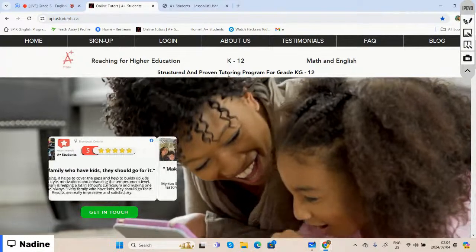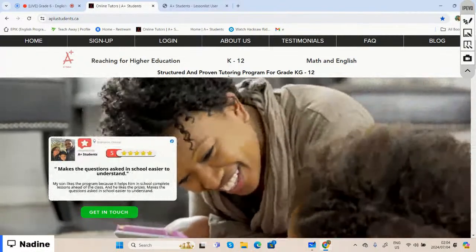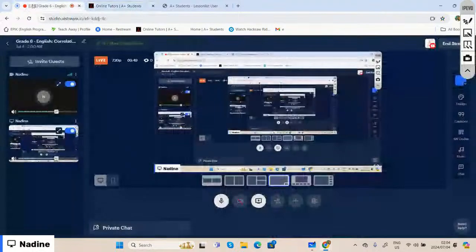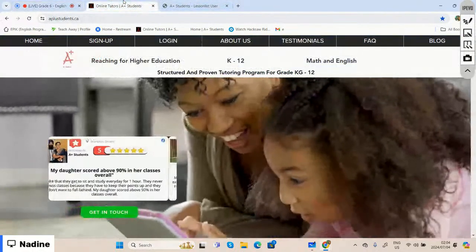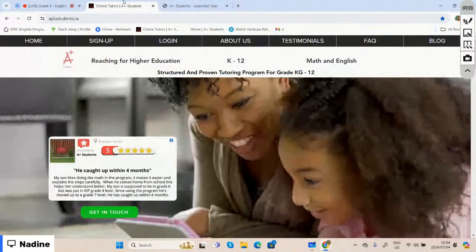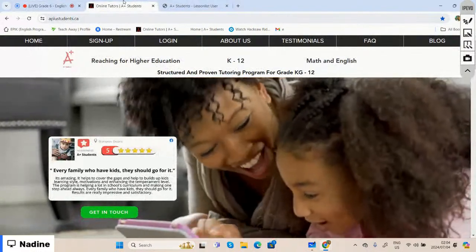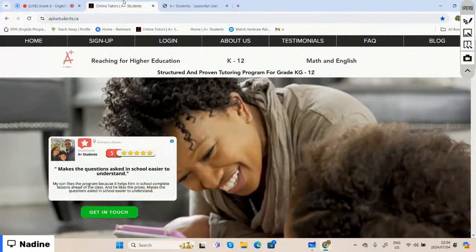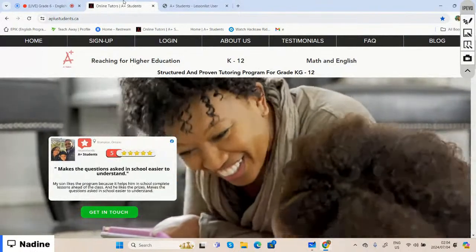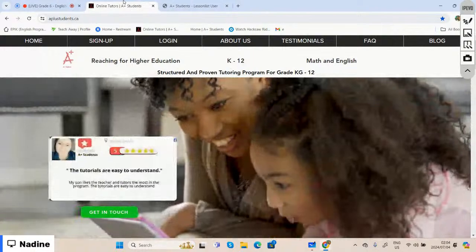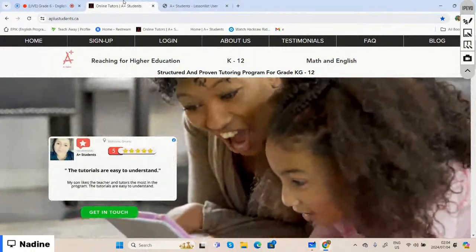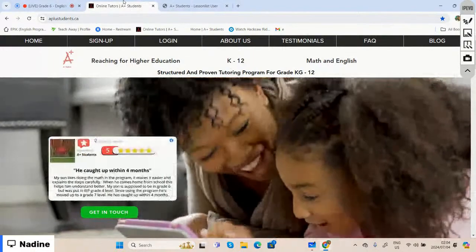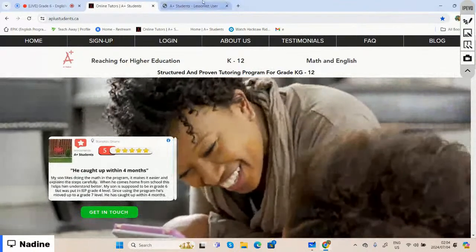Once you've logged on with your username and password, we're going to select the subject of English language arts, grade 6, and then scroll down until we get to the chapter of correlative conjunctions.